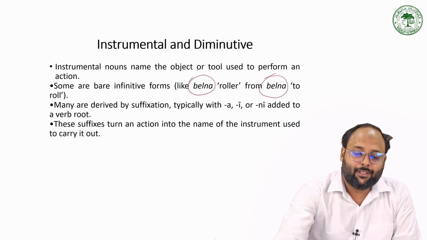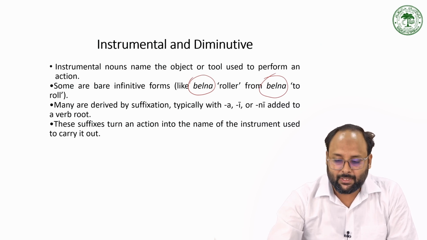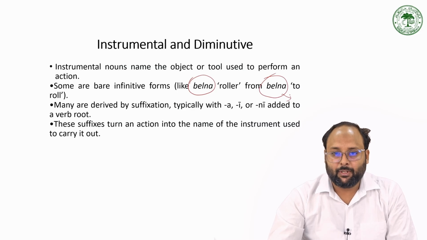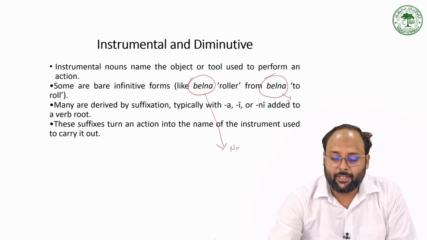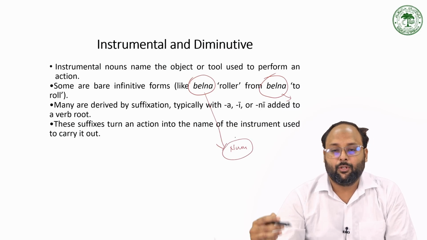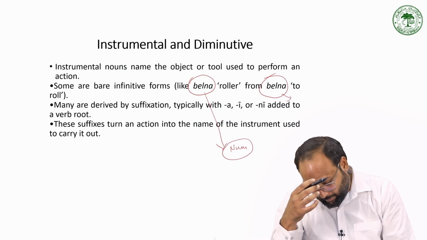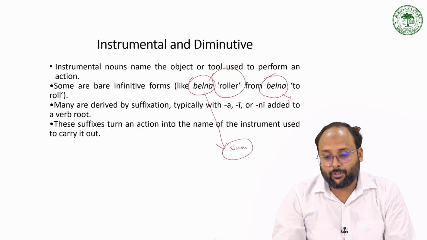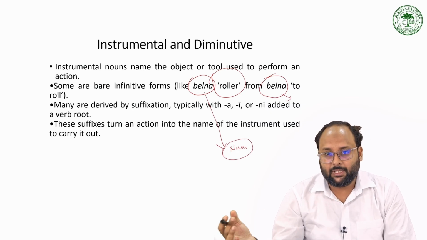Belna means the roller and belna means to roll. This belna is the noun, the entity used to roll something. Like the roller is used in cricket to roll the pitch. That is the belna verb.